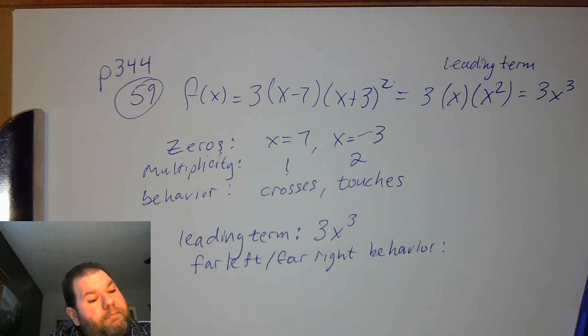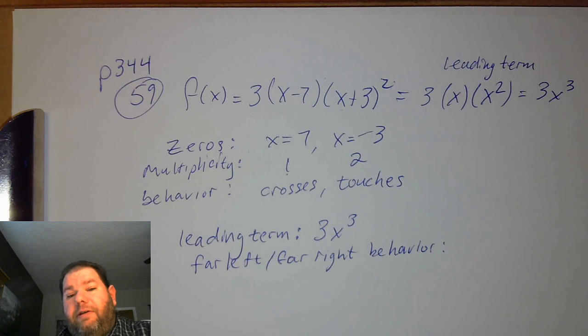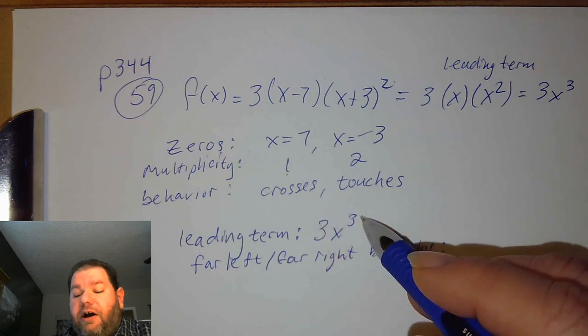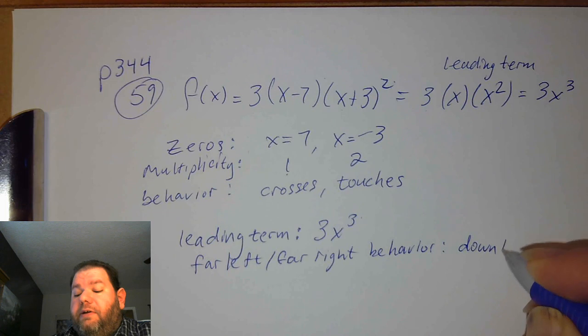Anyway, going back to the table I gave, hopefully you're looking at it now, with a positive coefficient and an odd exponent, it goes down left and up right.